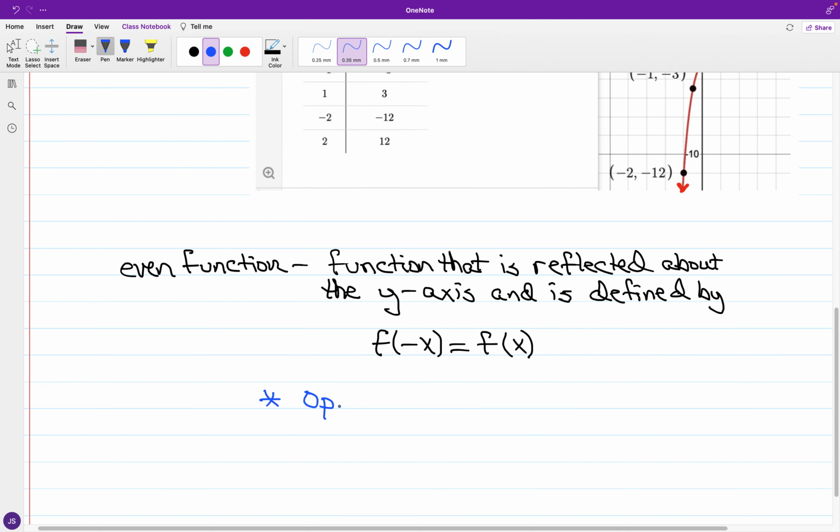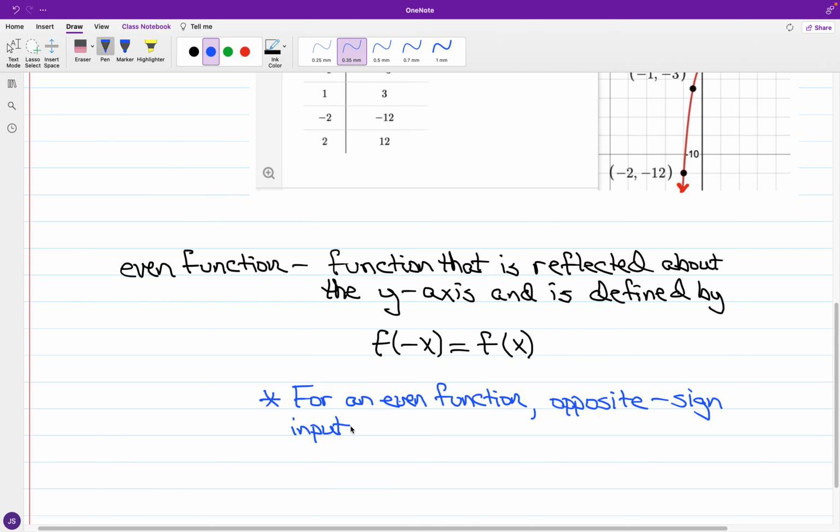And what this is going to translate to is that for an even function, we have opposite sign inputs that are going to create, instead of opposite sign outputs, identical outputs instead.